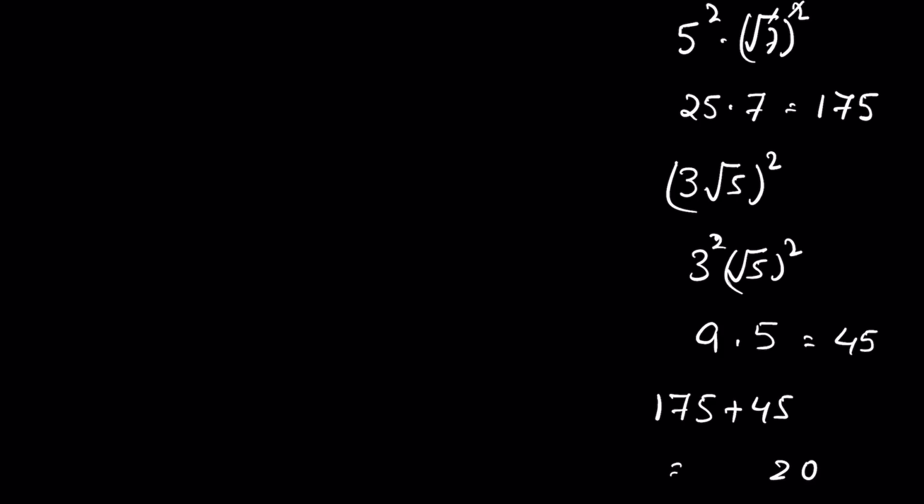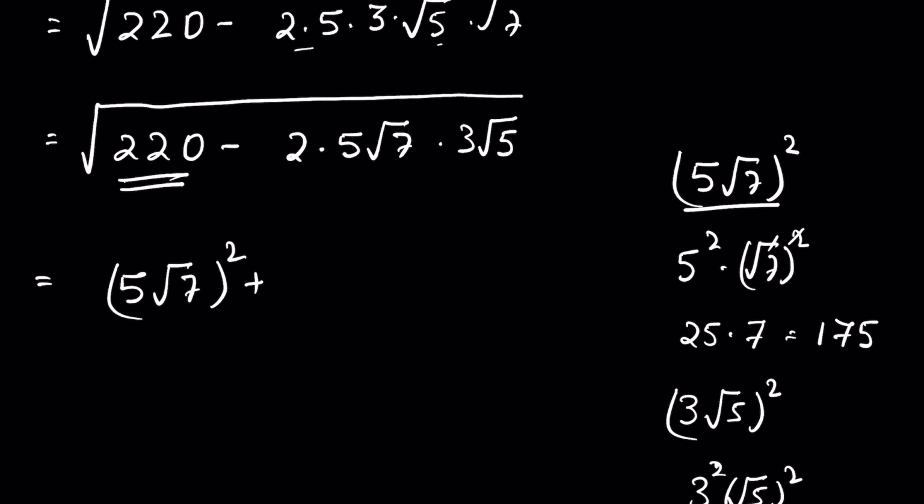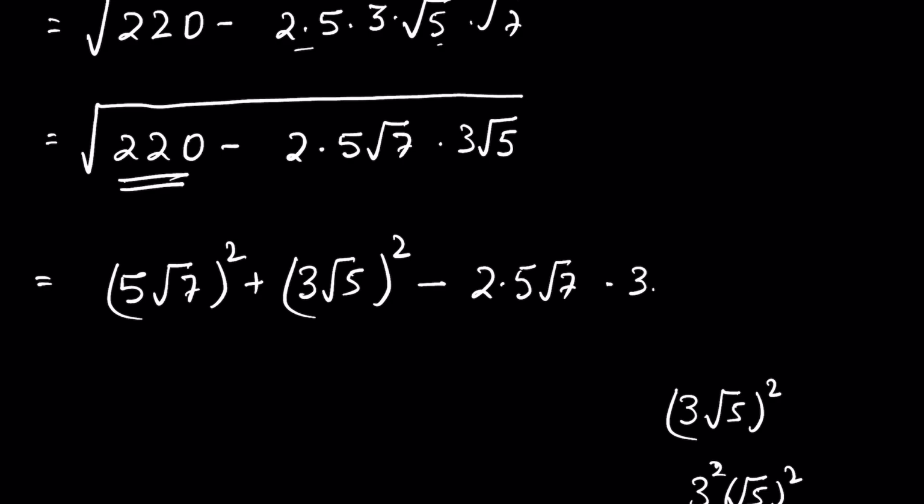That means we can write 220 in terms of 5 times square root of 7 square plus 3 times square root of 5 square, then minus 2 times 5 times square root of 7 times 3 times square root of 5, under square root.